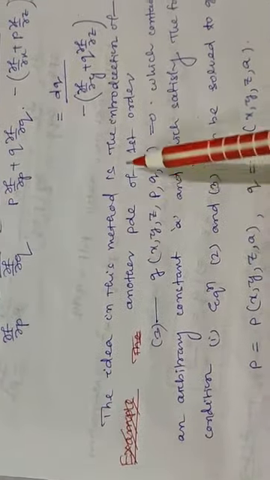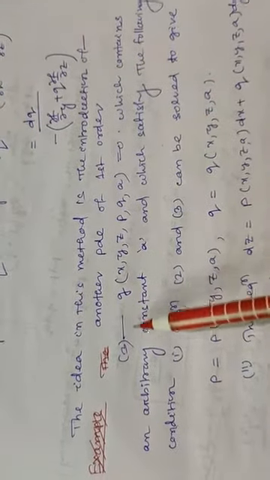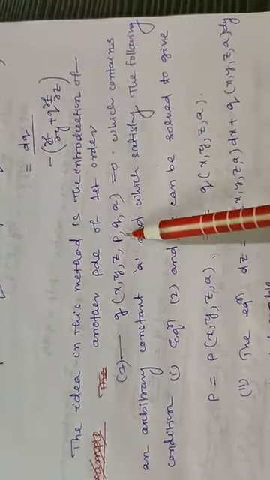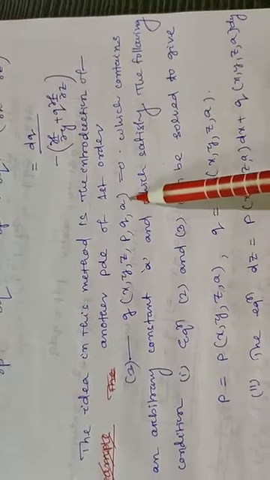The idea in the method is the introduction of another PDE of first order, that is g of x, y, z, p, q, a is equal to 0, where a is an arbitrary constant.